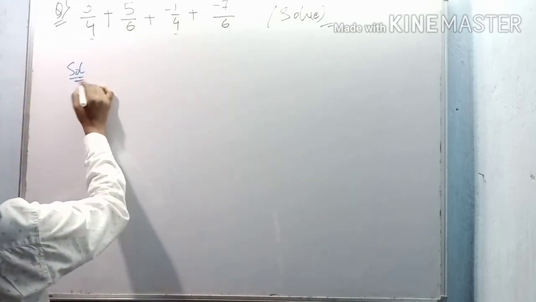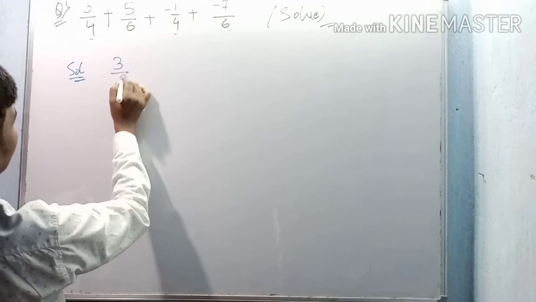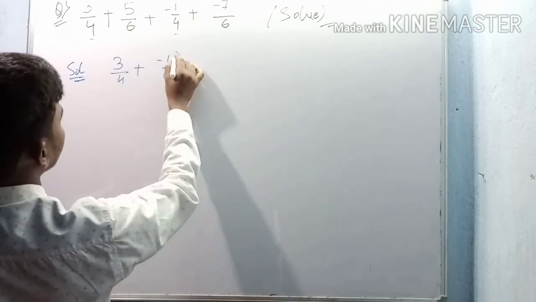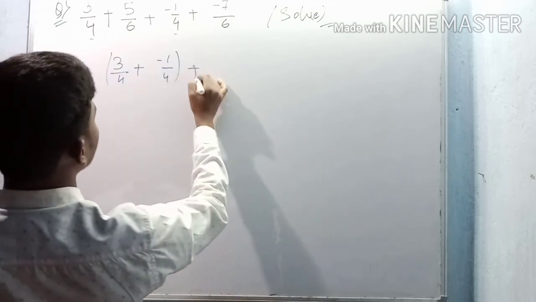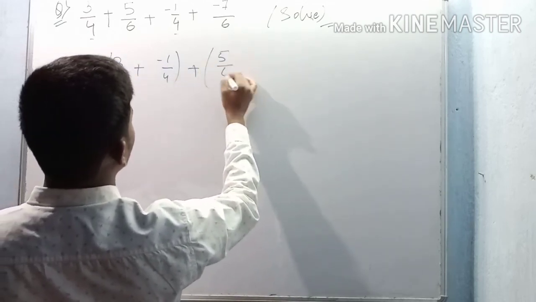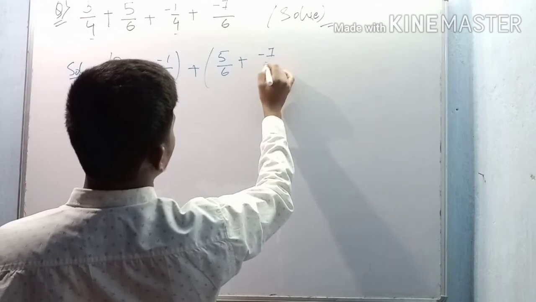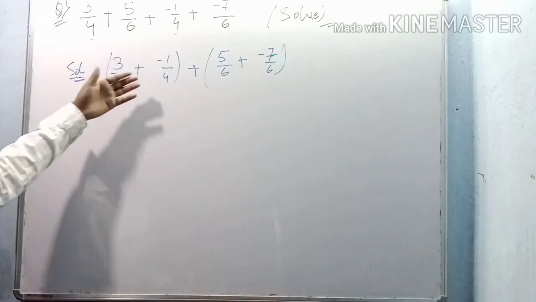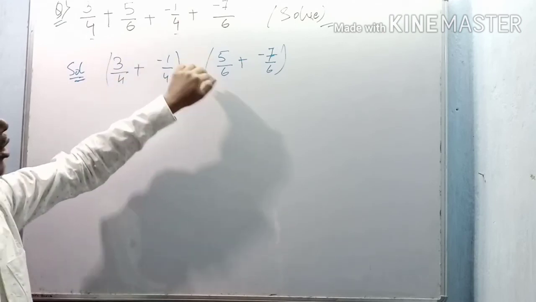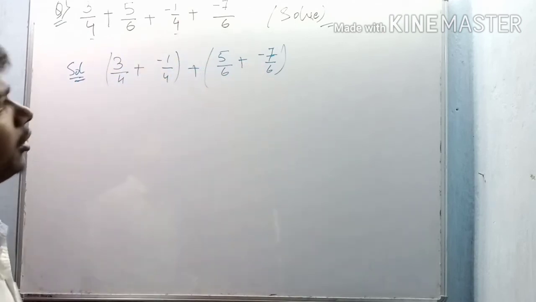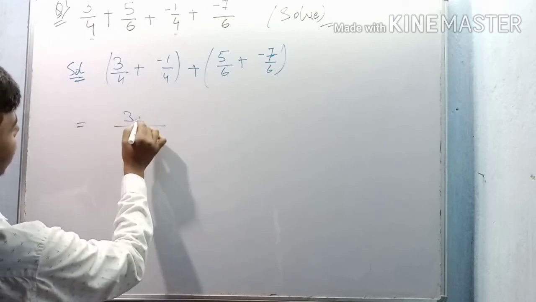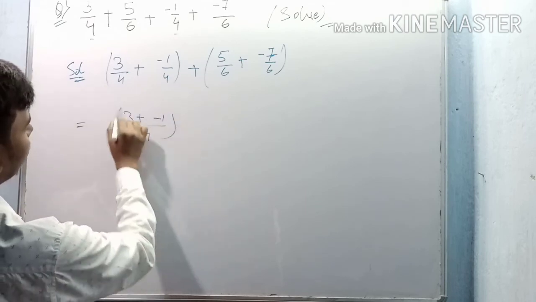So we will write it separately. Minus 3 by 4 plus minus 7 by 4, plus 5 by 6 plus minus 7 by 6. We have done it separately. So 4 and 4 are common: 3 by 4 plus minus 1.